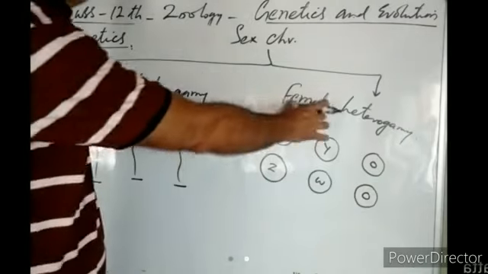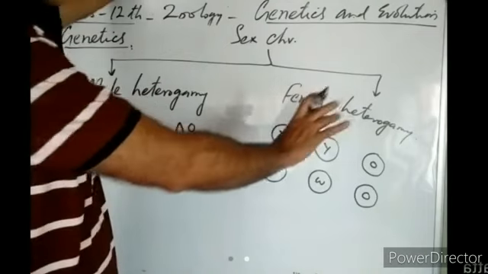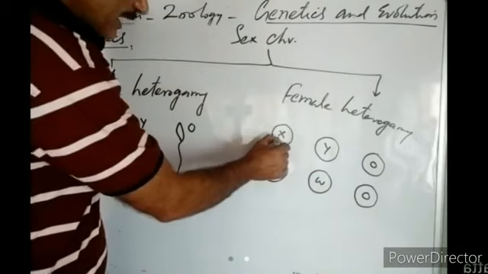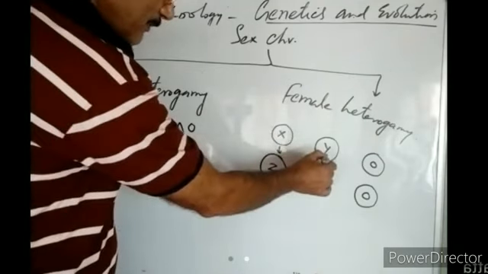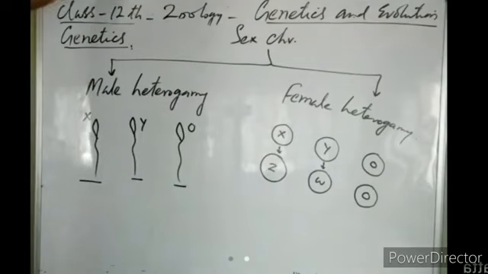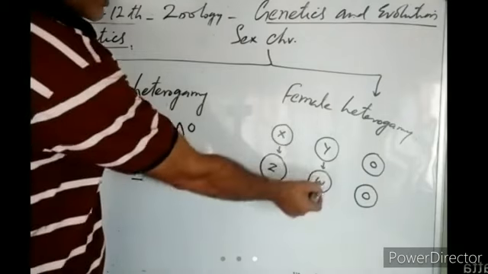Otherwise, in female heterogamy, the female produces ova having sex chromosome X, Y, and 0, but it may create some confusion. So we replace X by Z and Y by W. Otherwise, it is not a Z chromosome and W chromosome in females. These females also have X and Y chromosomes, but to avoid this confusion, we replace X by Z and Y by W.